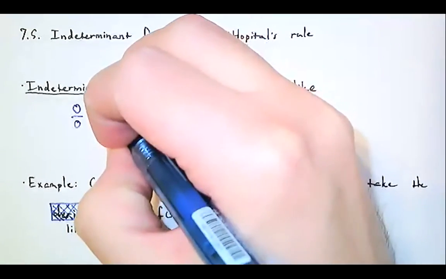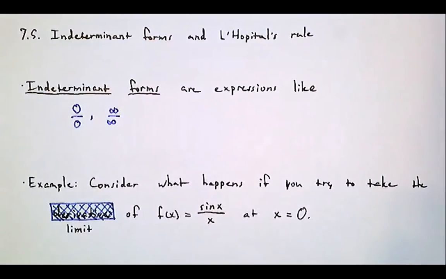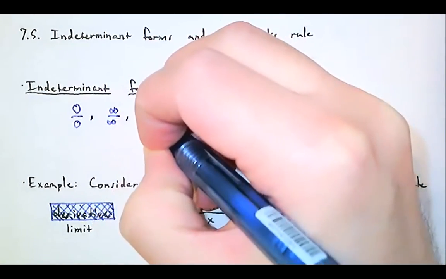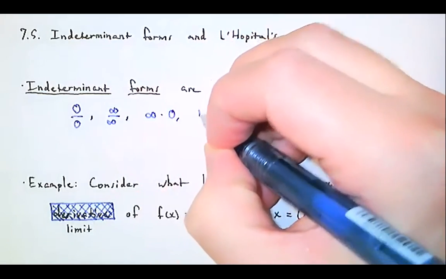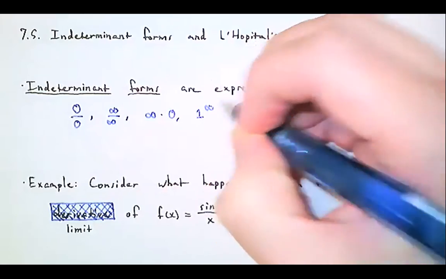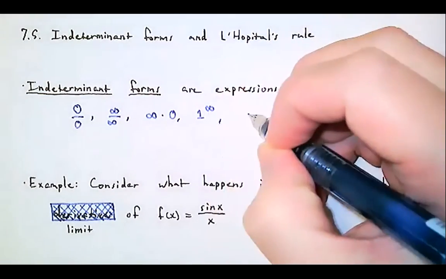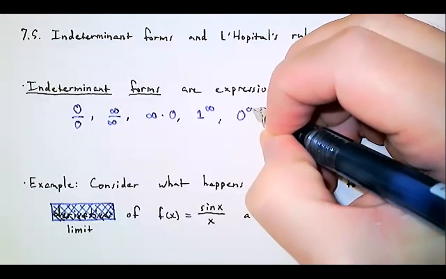And there's quite a few others that you might run across in calculus, like infinity over infinity, or infinity times 0, or perhaps 1 to the infinity power, or even 0 to the 0 power.